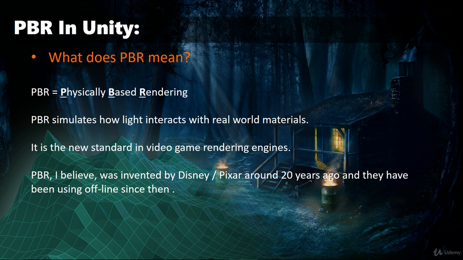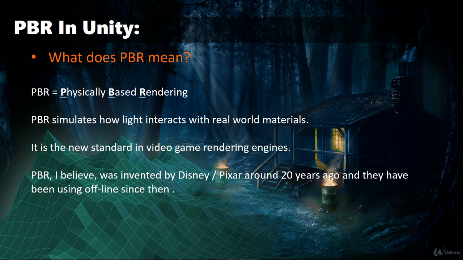It is the new standard in video game rendering engines. In the previous system we had to create diffuse maps, specular maps, and obviously normal maps are still the same, but we would have to modify those diffuse maps to work differently in different lighting environments.